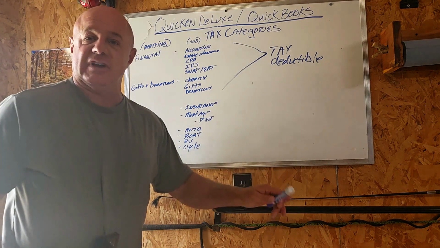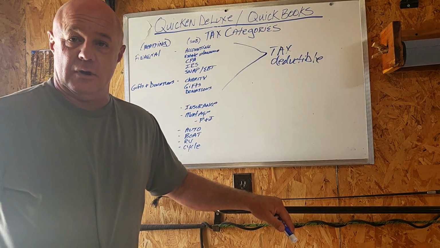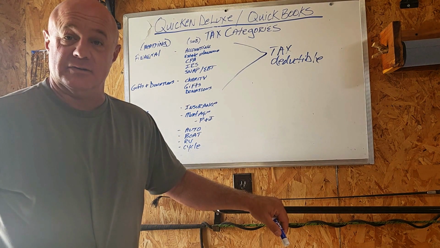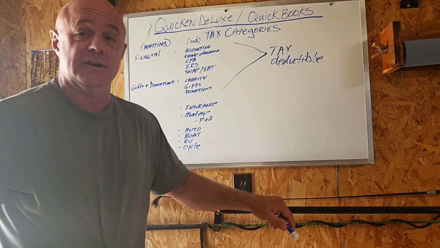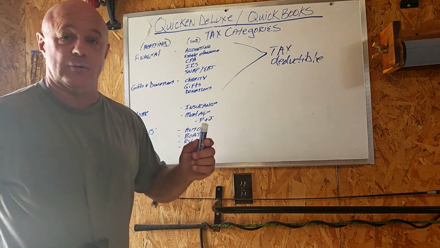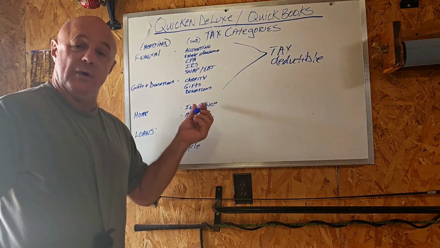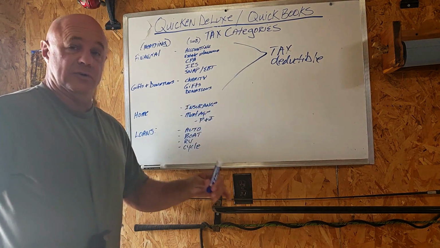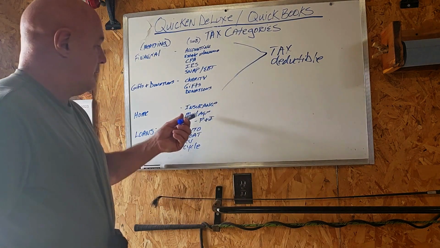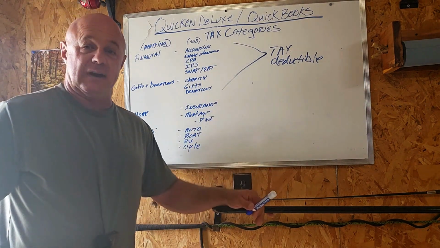So if 25% of your homeowner's insurance goes towards your home office, that portion is tax deductible, and the other 75% will go into this category, which is not tax deductible.